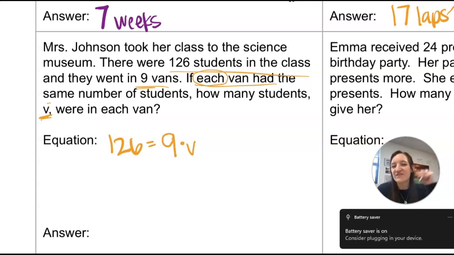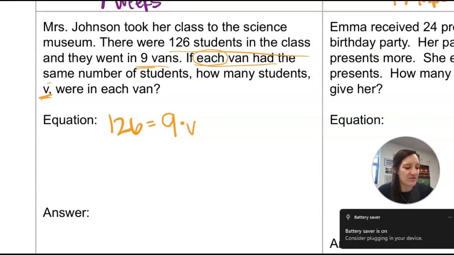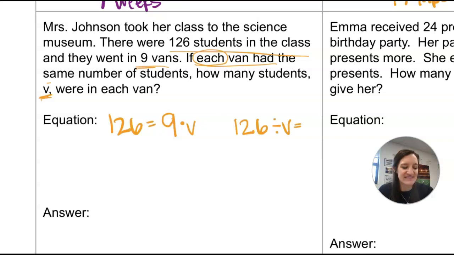We're doing V for students. What else could we do? 126, divide that between each of the vans, because they're the same number of students in each van, and that would give us 9 as well. Okay, I'm going to go with this one.